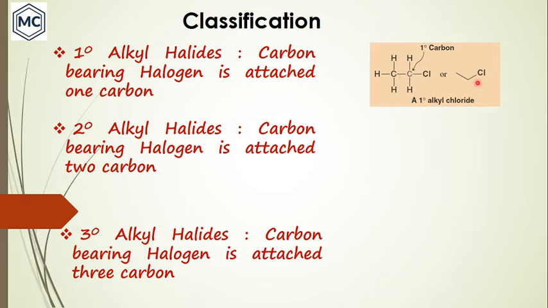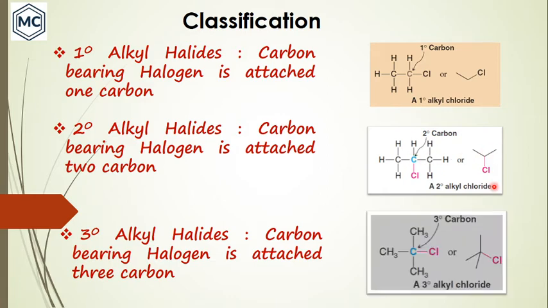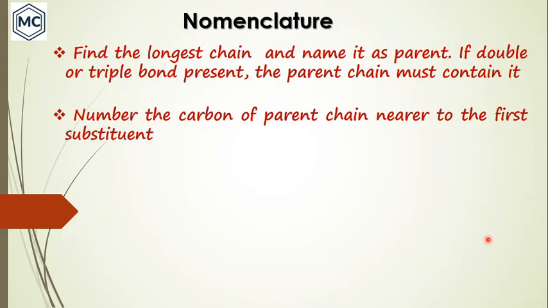For example, ethyl halide. Secondary means the carbon bearing the halogen is attached to two carbon atoms, isopropyl halide. And tertiary means the carbon bearing the halogen is attached to three carbons, 1, 2, 3. It is called tertiary.